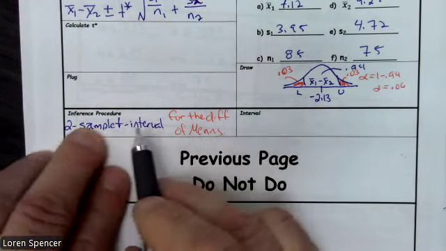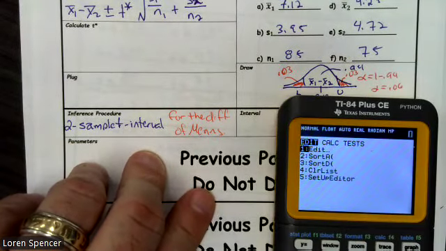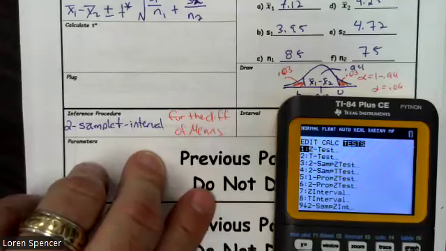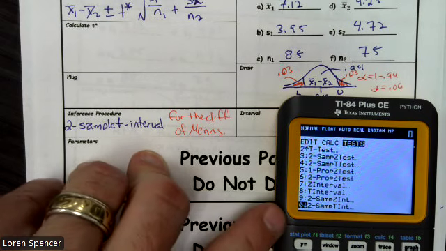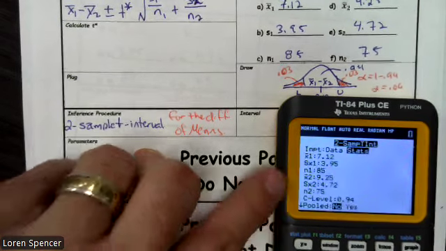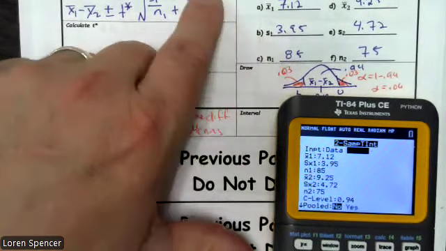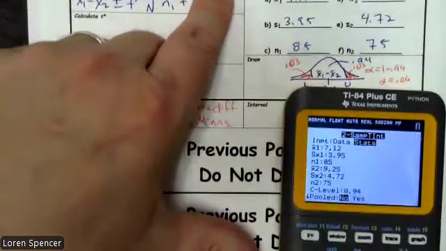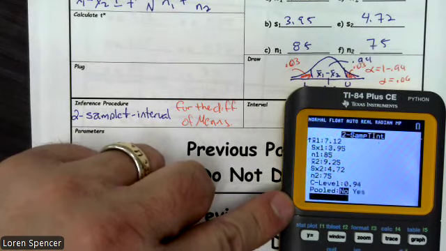That's what we're really doing, but the two sample t interval is good. So Stat, Tests, dropping way down to 2-SampTInt, which is at 0. As you can see, I've already put in the data, the 7.12, the 3.95, and they told us up above they wanted a 94% confidence level. I have that in there, and we never pool.